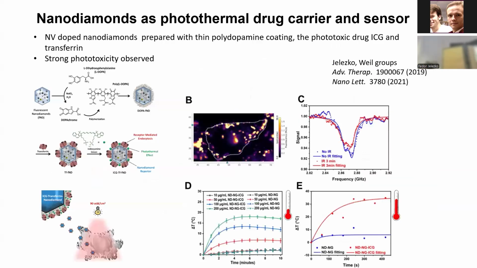About activation of gradient or observation of gradient. You can also do more in terms of temperature measurements. So often the therapeutic effect on a cell is related to temperature rise.